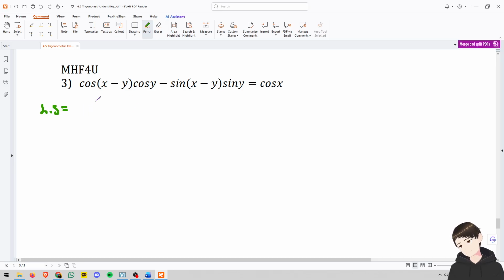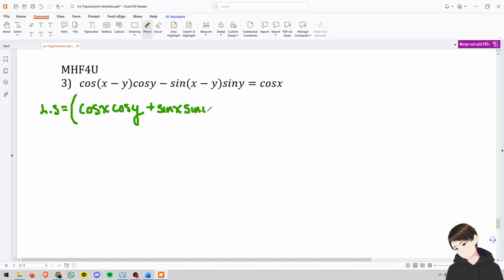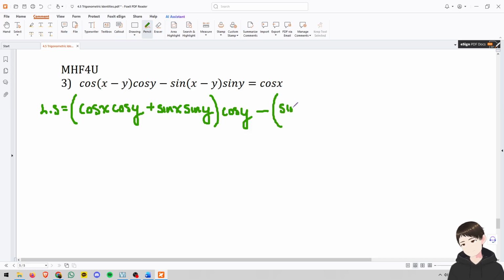Okay, so here the left side would equal, open a bracket, cos x cos y plus sine x sine y, close bracket, cos y, that's up to here, minus, open a bracket, sine(x minus y), which is sine x cos y minus cos x sine y, sine y.